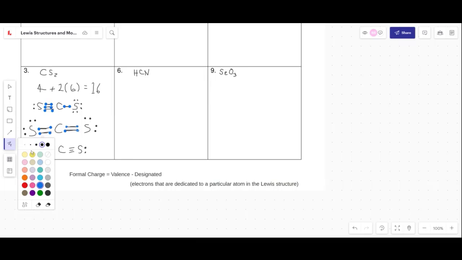So the bonded electrons, when we do formal charge, we split them. Half the electrons are dedicated to the one atom, half are dedicated to the other. So half of those bonded electrons are going to be dedicated to sulfur, and half are dedicated to carbon.